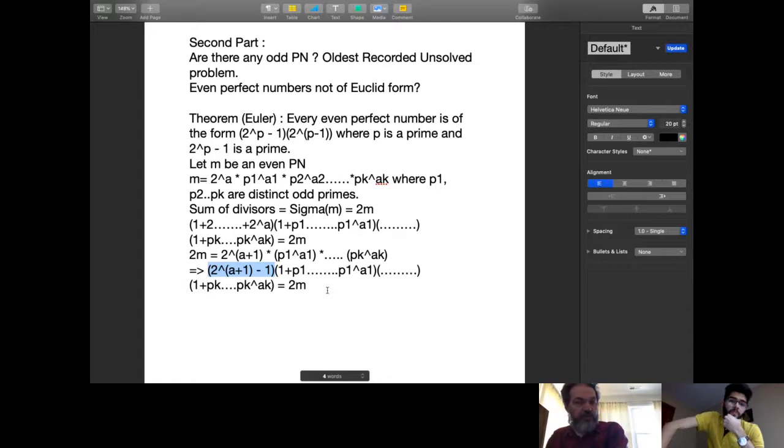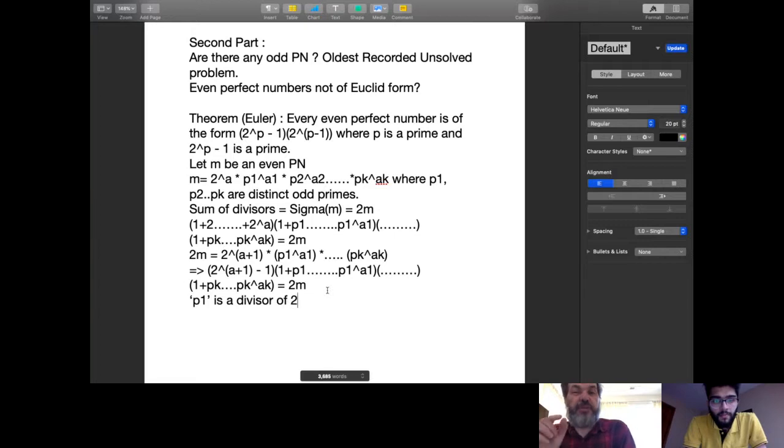So on another line, don't delete anything. Little P1 is a divisor of 2 to the a plus 1 minus 1.